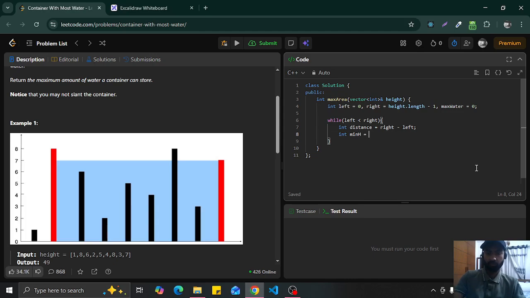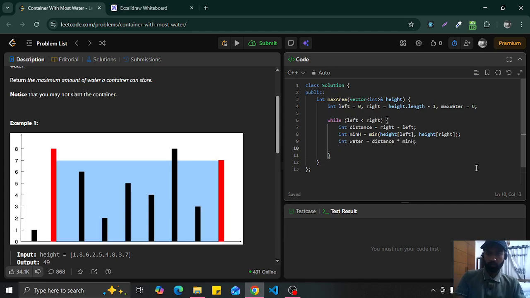So min h is going to be min of height of left, height of right. Now we will get the water amount. So the current water amount is going to be distance into min height.